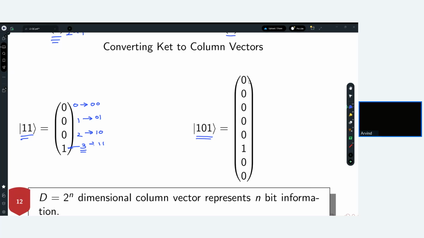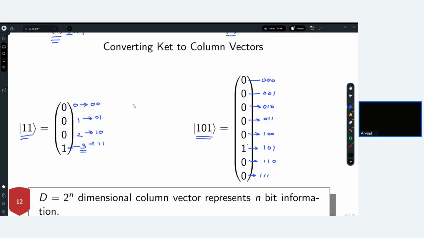If we count from 0 0 0, the first row will have 0 0 1, the second row will be 0 1 0 position, then the third is 0 1 1 position, and the fourth will have 1 0 0. The fifth will have value 1, then 1 1 0, and 1 1 1 position.